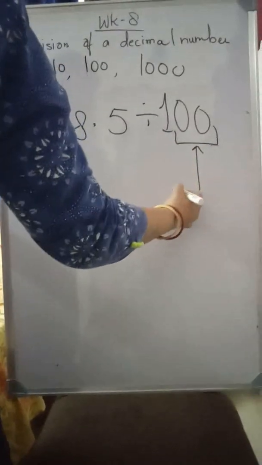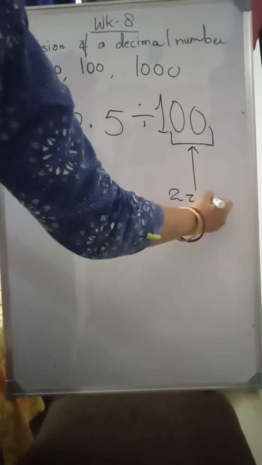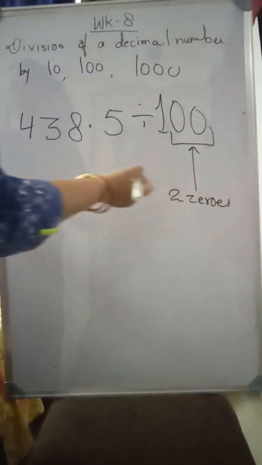Here all of you see that 438.5 divided by 100. So here all of you see that this divisor is having how many zeros? 2 zeros. Correct? So what we will do?